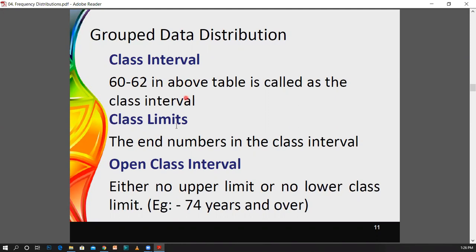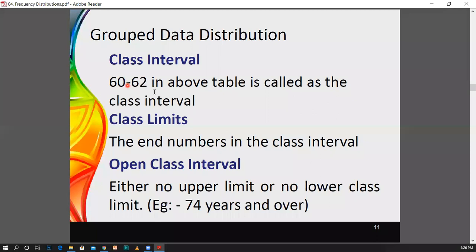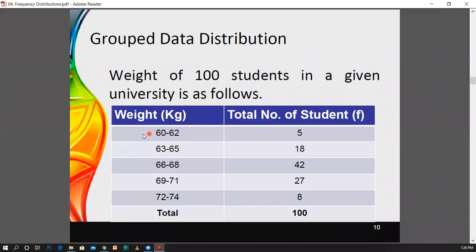Here you can see the classes are defined as 60 to 62, 63 to 65, 66 to 68, 69 to 71, and 72 to 74. We call these values the class intervals. The first class interval is 60 to 62. The next class interval is 63 to 65. The third class interval is 66 to 68. The last class interval is 72 to 74. Likewise, you can have the class interval values.